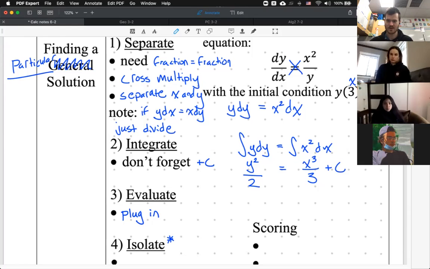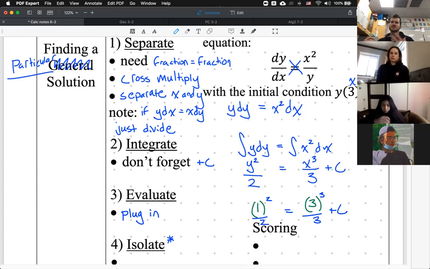So the y is 1, the x is 3. So I look at that integration from step 2 and I say, okay, the x right here is 3. So I come down here and rewrite that as 3 cubed over 3 plus c. And then that's equal to, and the y we know is 1, so I can rewrite that as 1 quantity squared over 2.